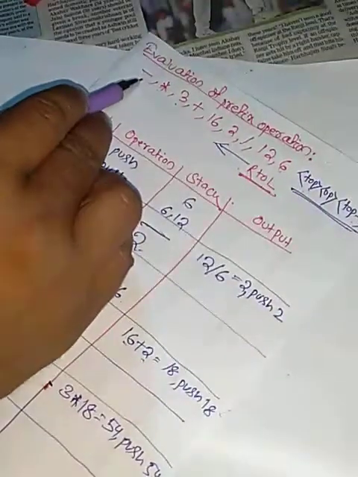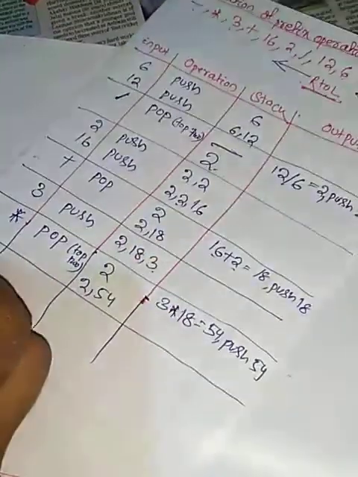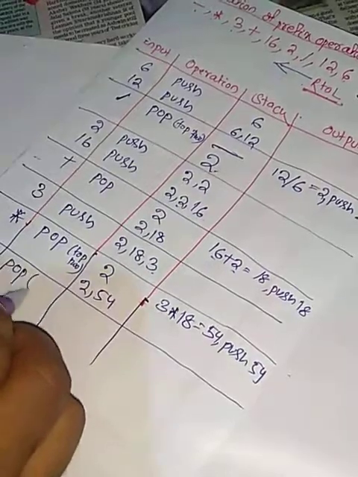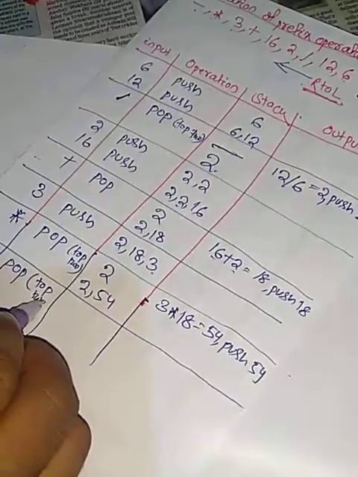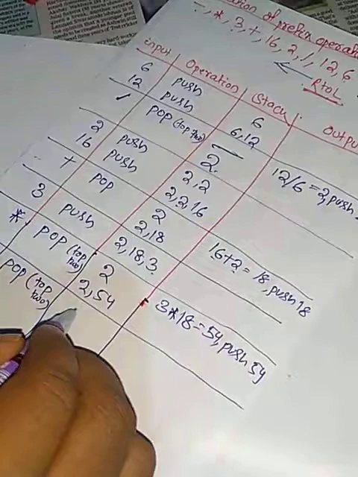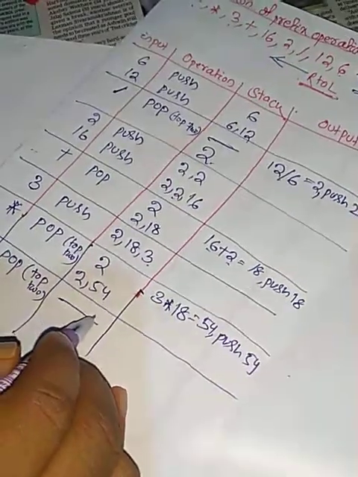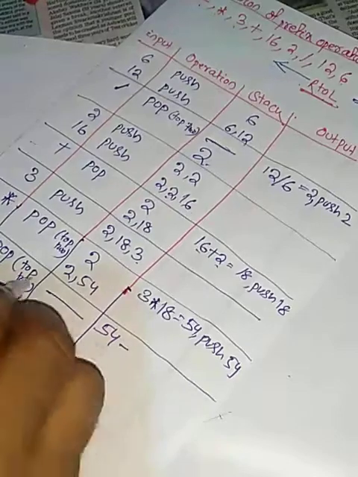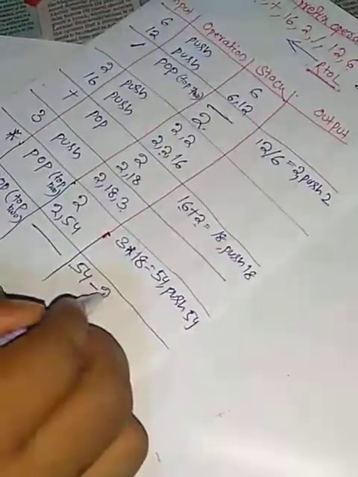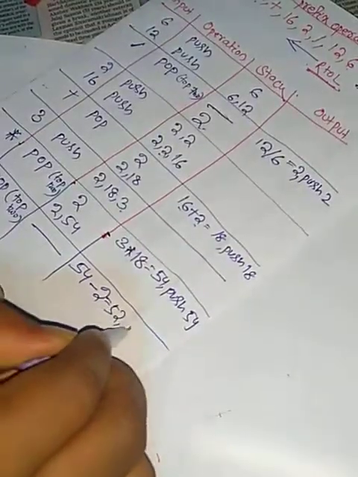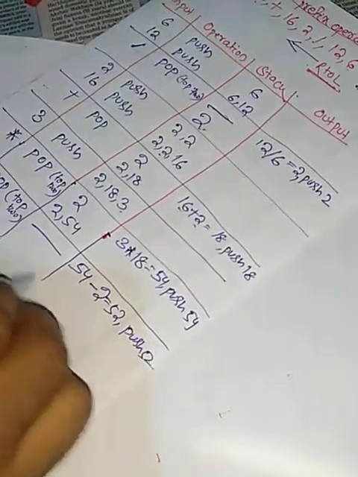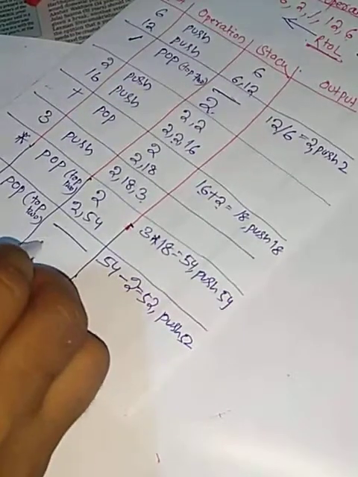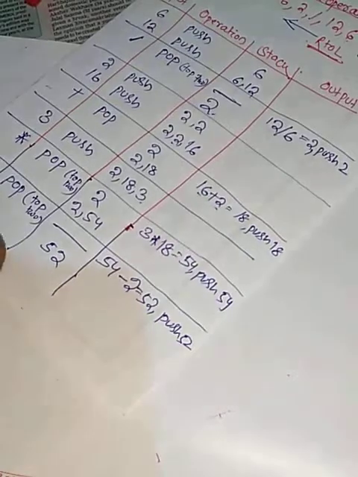The next operator we found as we scan here is minus, then we again pop top 2 elements. Okay, so when popping it out, we have an empty stack, then we have 54 as top and top minus 1 is 2, the result is 52, then push 52, and the result we will get in the stack is 52.